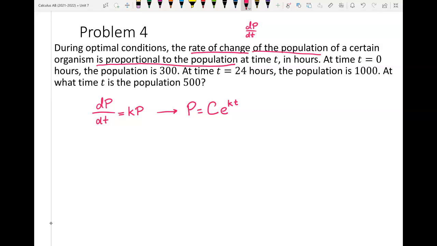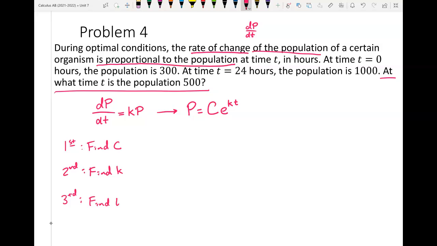So you are going to use your information. First, determine what is C. So find C. Second, find K. Then last would be to find t when P equals 500. That would be the order that you would want to go.